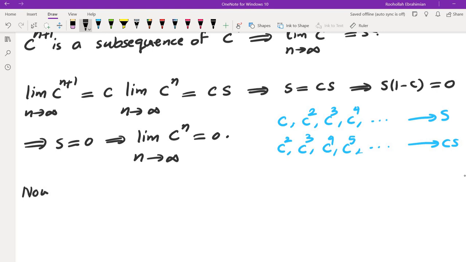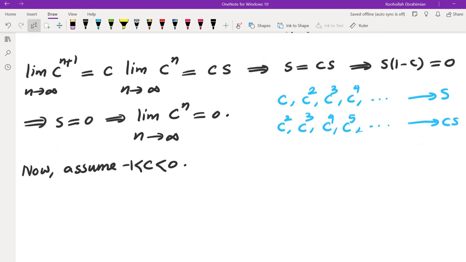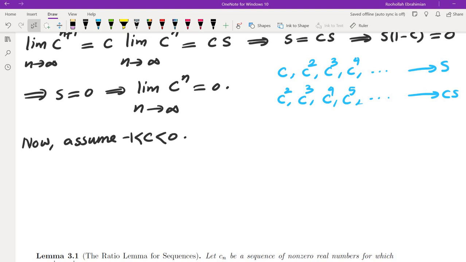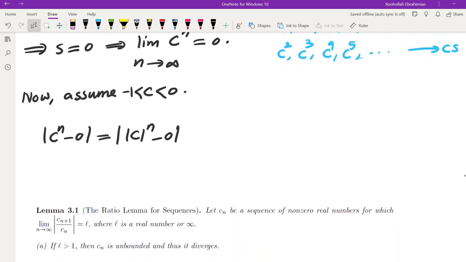So now assume that c is negative, and of course greater than -1. If you look at the sequence c to the n, the absolute value of c to the n minus 0 is the same as the absolute value of the absolute value of c to the n minus 0. Why did I write it down like this? Because then I can get this in the form of the comparison lemma.